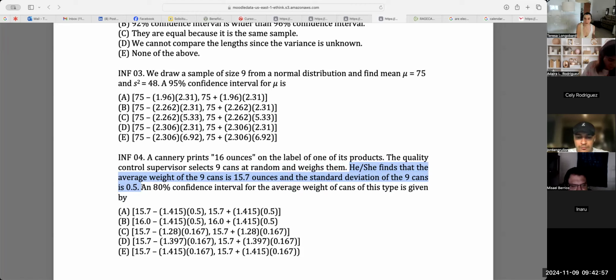Okay, I have one more key question. Let's say you had a problem and the problem gave you both the population standard deviation and the sample standard deviation. Which one do you use? If a problem gave you both the sample standard deviation and the population standard deviation, do I use S or do I use sigma?